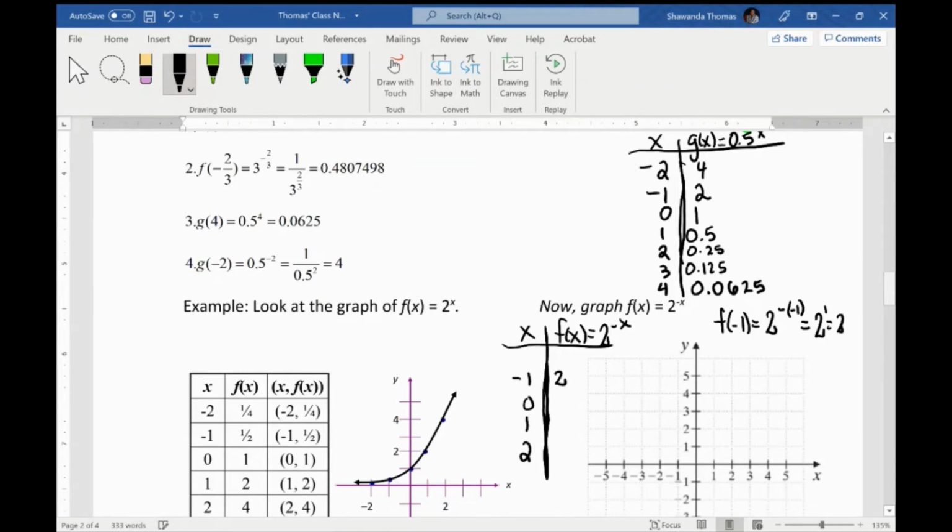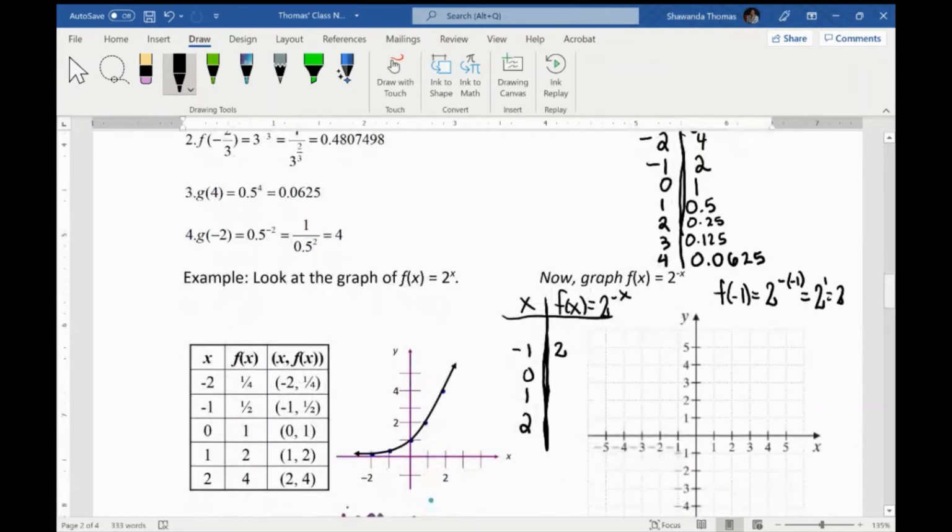What about 0? 1. All right. What about 1? 0.5. What about 2? 0.25.